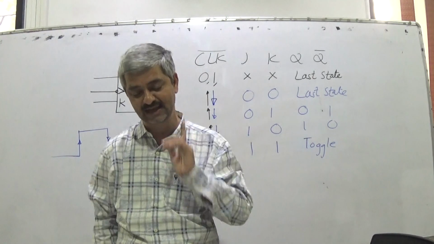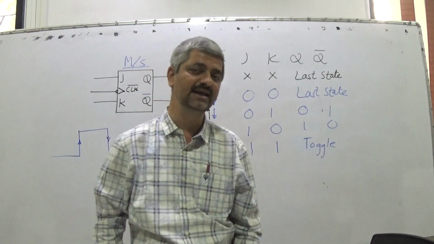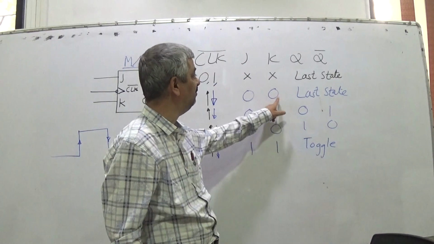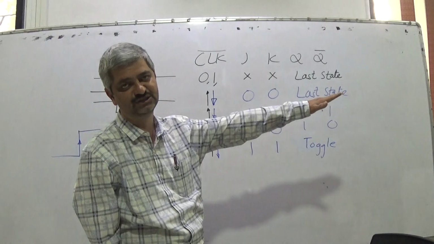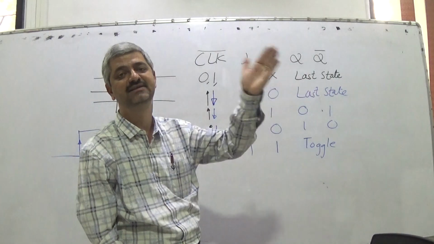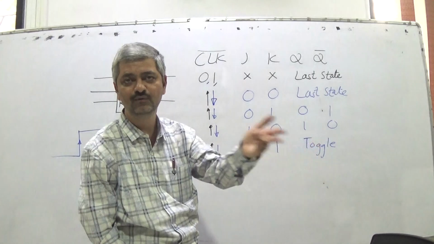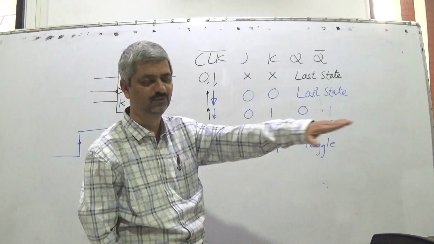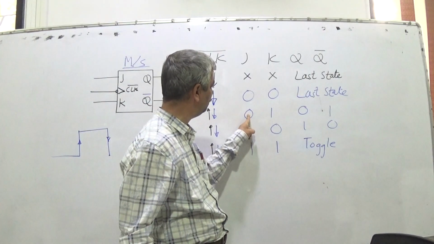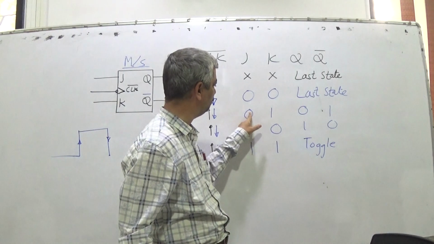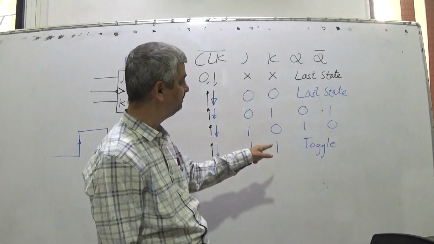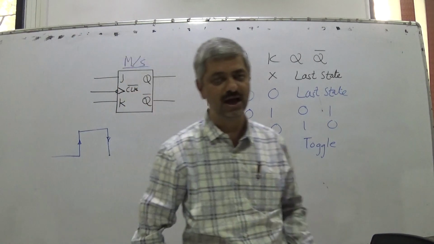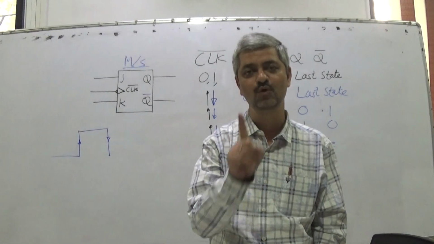At the rising edge of the clock pulse, if inputs J and K are 0, 0, outputs still don't change. They continue as they were, whatever they may be, 0, 1 or 1, 0. If J is 0 and K is 1, once clock goes up and then down, the outputs are made 0, 1.